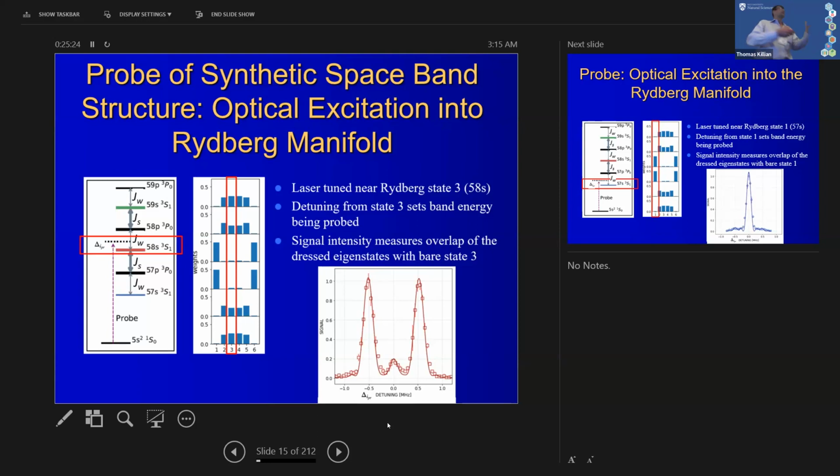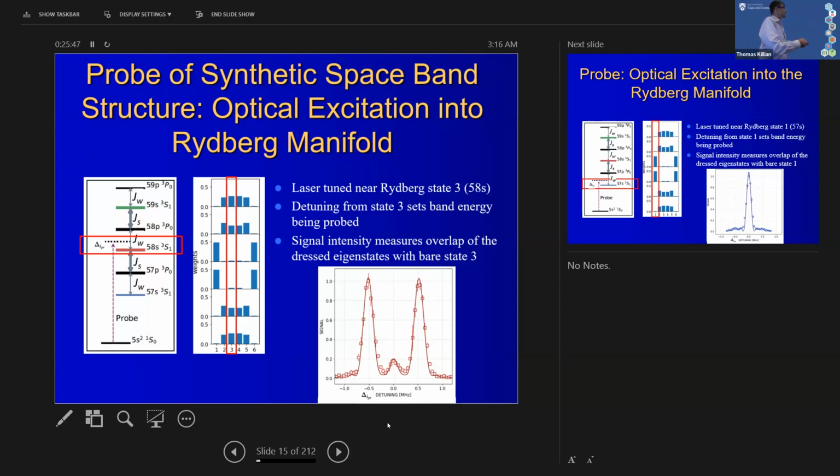The splitting is on the order of the tunneling rates in the lattice. And so what you're measuring when you excite to state 3, the detuning of your laser from the bare energy, is like measuring the energy of your lattice state in the band structure.